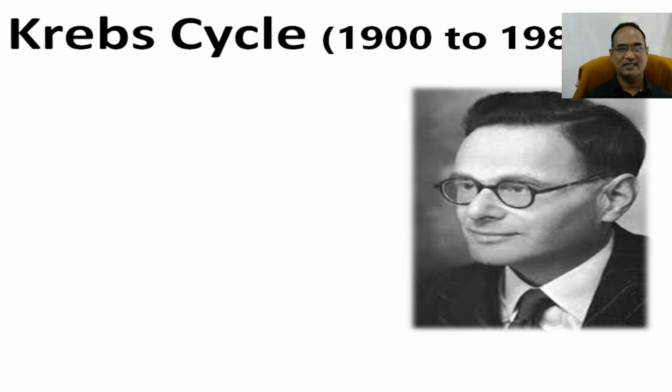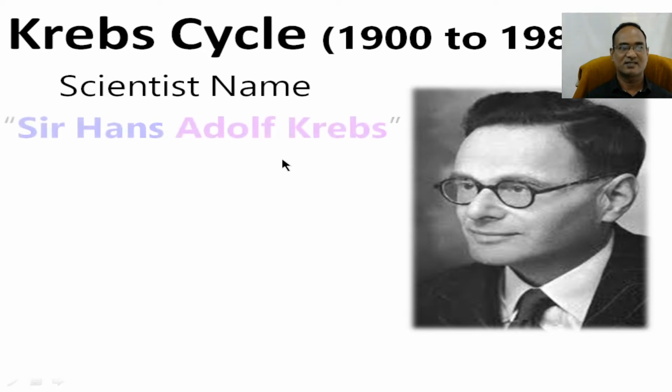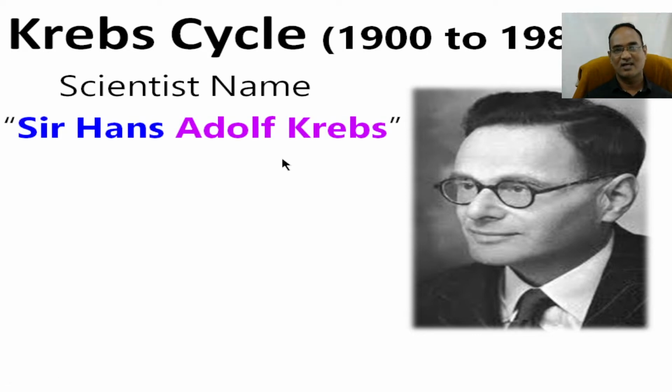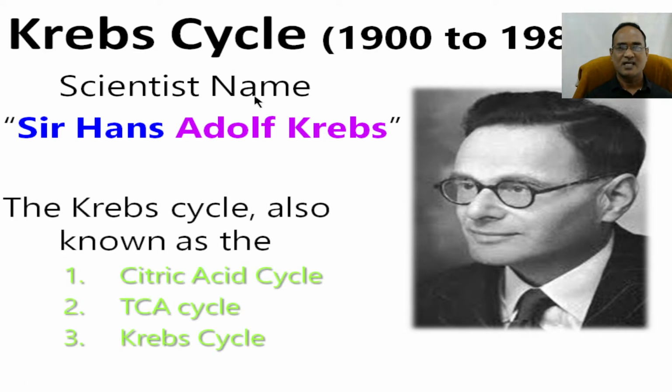That's why we fixed the name of the scientist for this process: the Sir Hans Adolf Krebs cycle. The scientist's full name is Sir Hans Adolf Krebs. The Krebs cycle is also called the citric acid cycle or TCA cycle. In this way you can call this process, but universally it is accepted as the Krebs cycle.